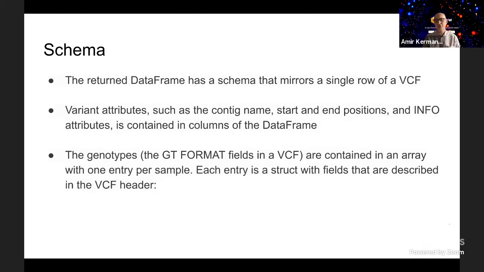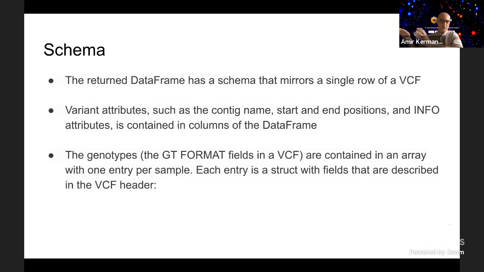Some of them are strings, some of them are arrays, etc. When you're ingesting the VCF file, every row of the data frame corresponds to a variant, be it indels or SNPs. And then you have all the attributes of that variant, physical location, start and end, alternative allele or reference allele, and all the info fields that you see in a VCF file. They are ingested, given structure, and appear as separate columns.